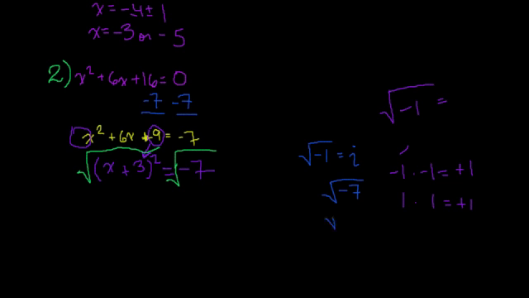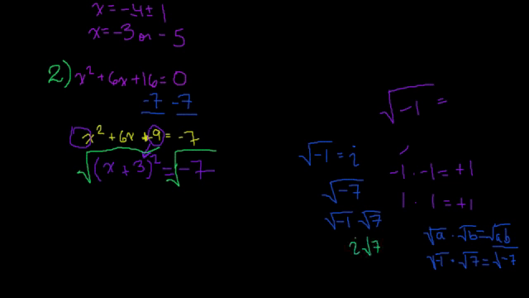Well, that's the same thing as rad negative 1 times rad 7, because rad a times rad b is equal to rad ab. But we just established that rad negative 1 is equal to i. So we're just going to write this as i rad 7. Pretty simple, right?